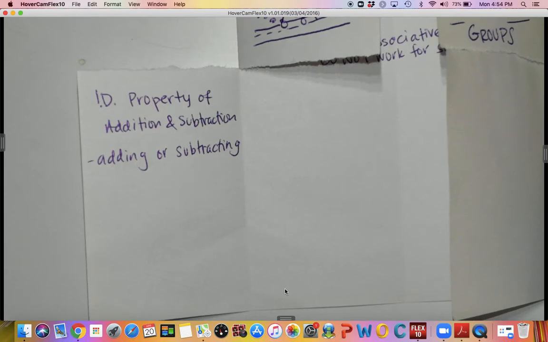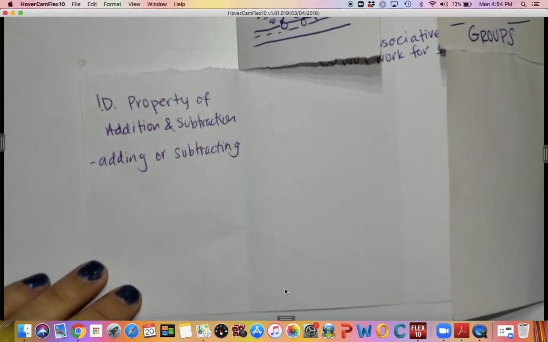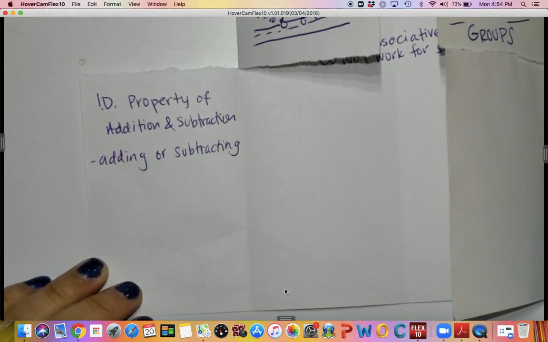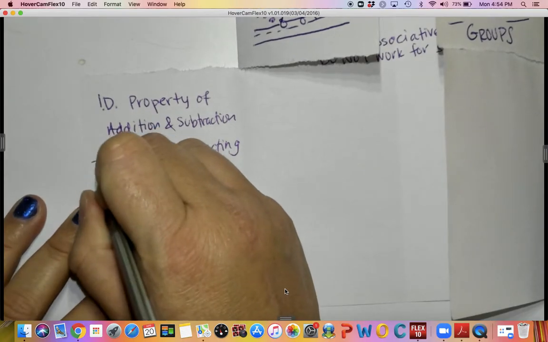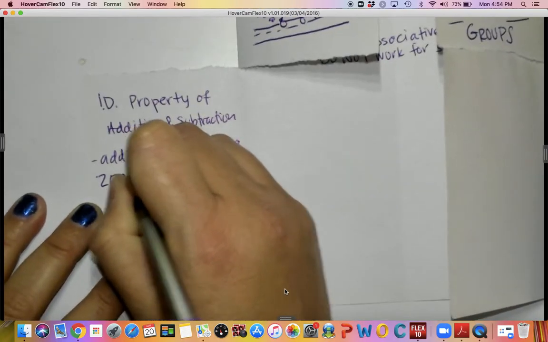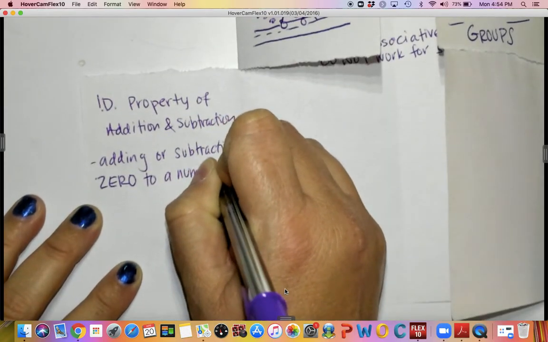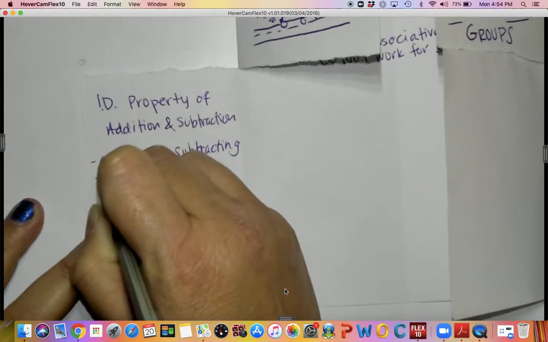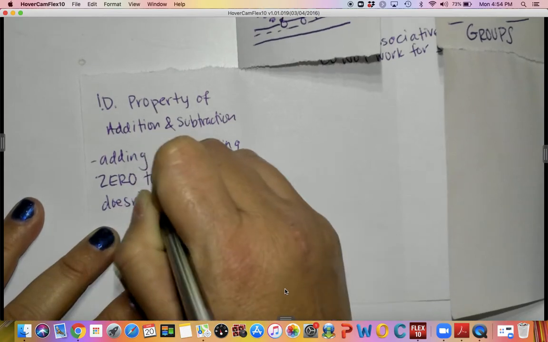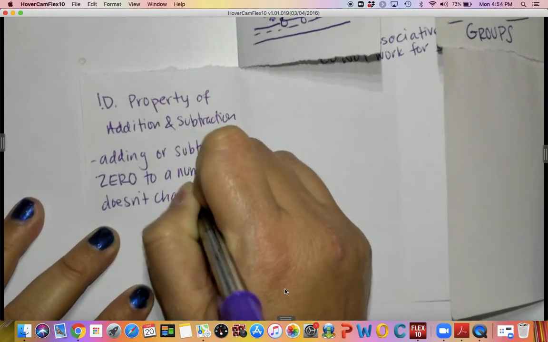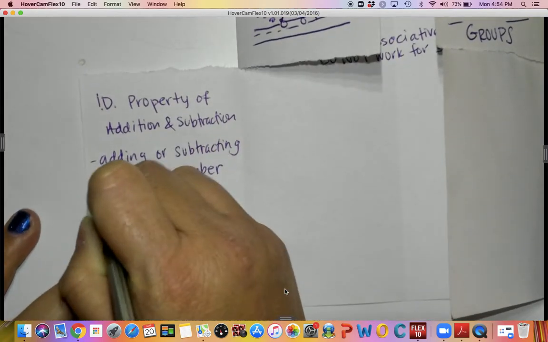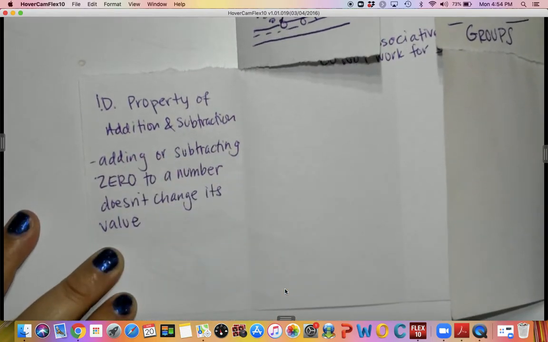That makes it 4. Hopefully you figured it out. Adding or subtracting 0 to a number doesn't change its value.